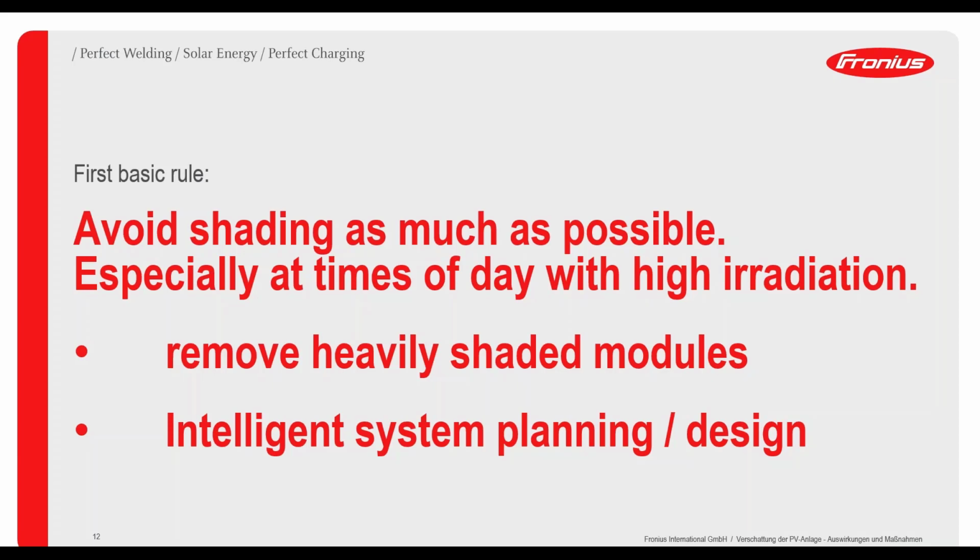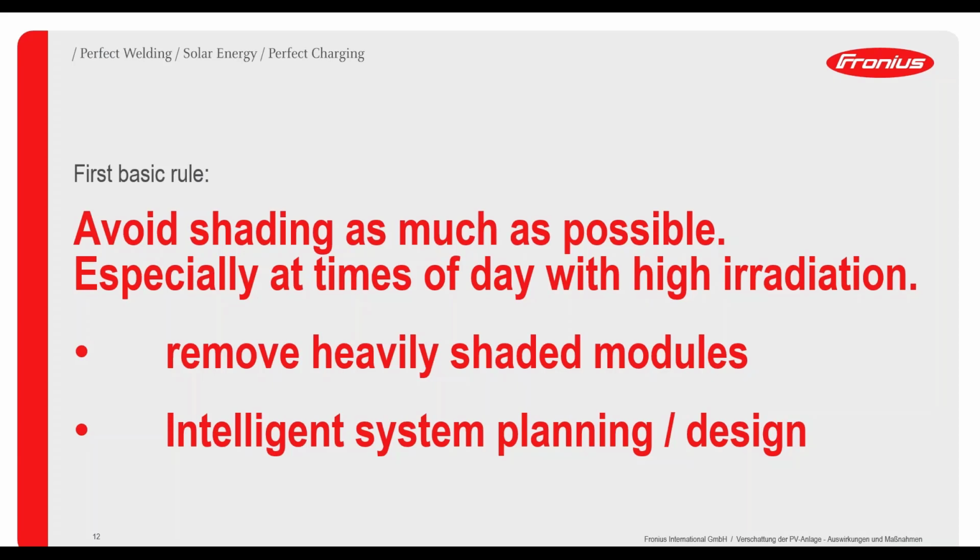Because imagine at these times of day with high irradiation, a very big difference between a shaded module and a standard module in direct sunlight. And therefore the current drop would be very high, and this could lead to damage on the shaded module. So especially in high irradiation, we need to make sure to avoid that. Also, the yield loss would be immense in that area.